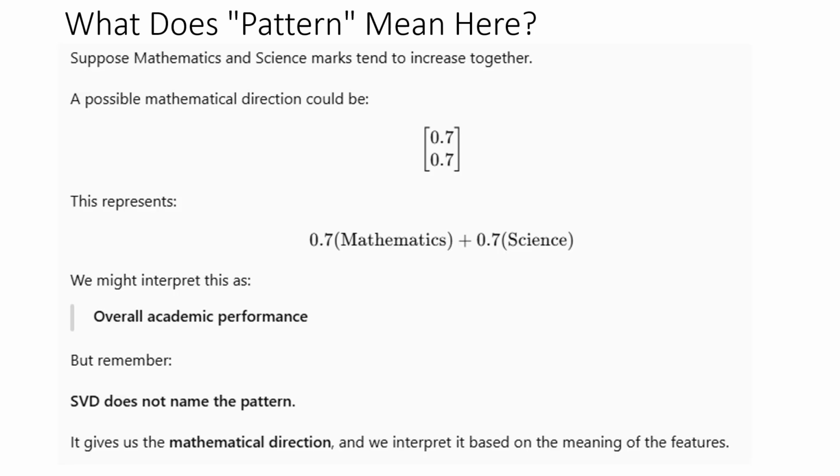When we talk about a pattern in SVD, we are usually referring to an underlying mathematical component, some formula or a structure like this that we can interpret from the data. So that is a pattern. We usually don't use the term pattern, instead we use the term mathematical component.